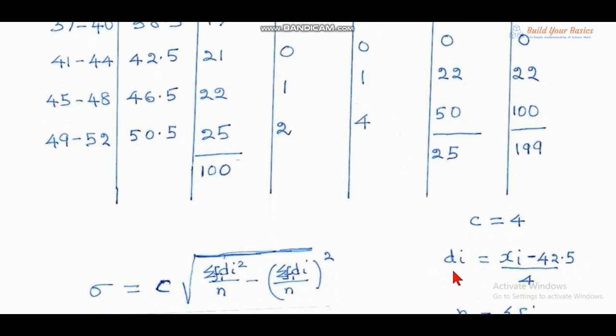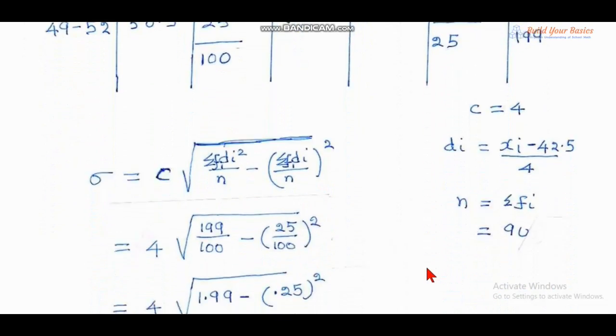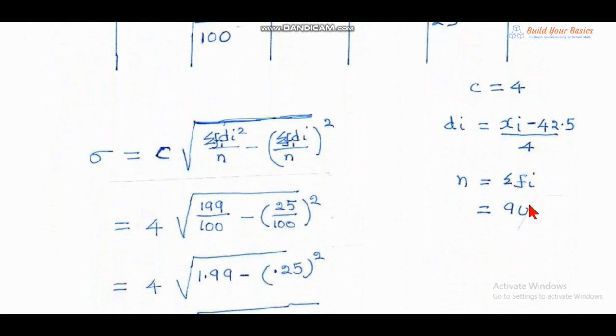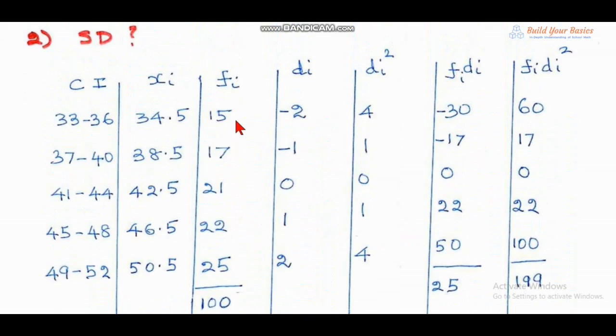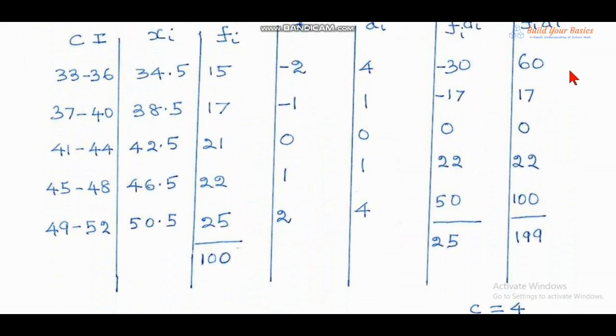So di, deviations, is xi minus 42.5 whole divided by the step 4. N is sigma fi, total of frequencies, that is 100. This is not 90, it is 100. Total of frequencies 15 plus 17 plus 21 plus 22 plus 25 is 100.